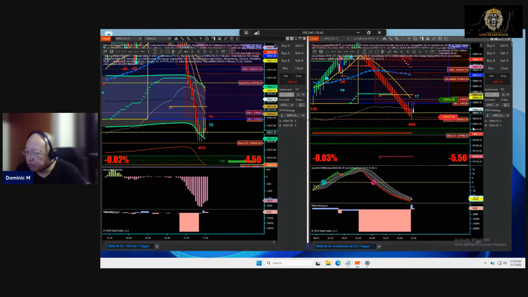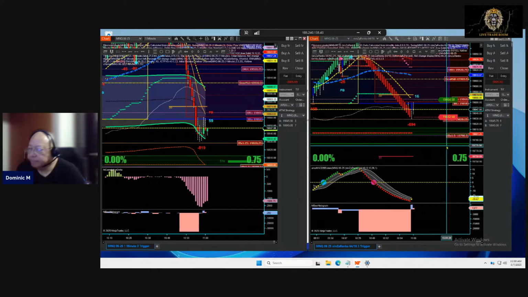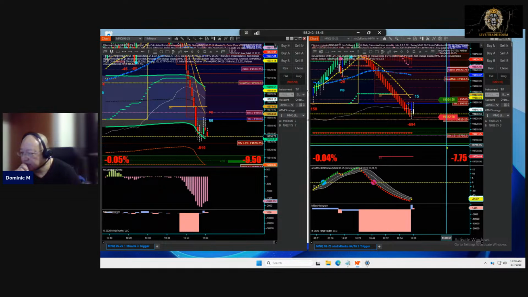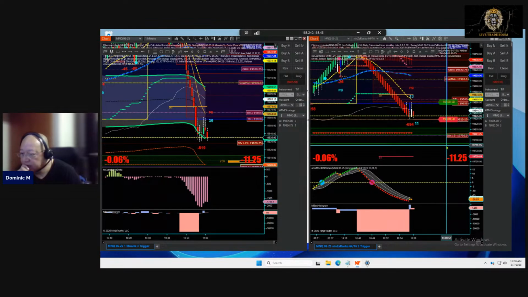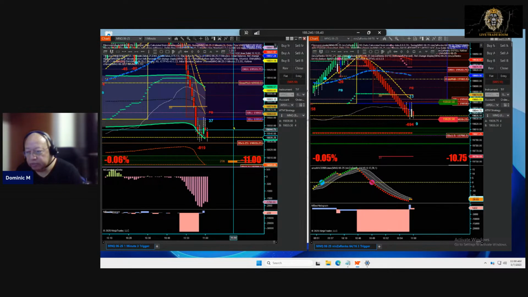So let's see, we have a reversal bar to the downside right here. If we see this 1 minute bar close below the -2 deviation, I'm going to take it.